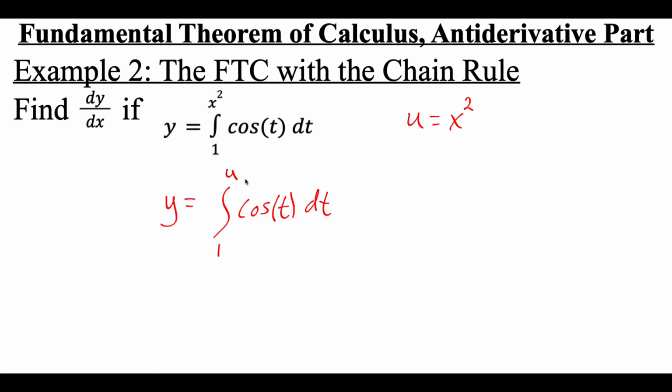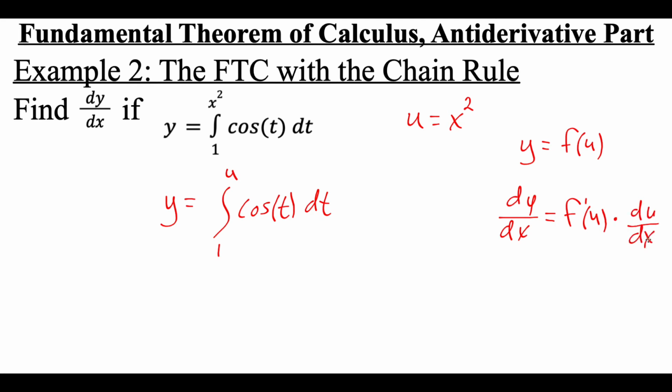So going back to when we learned about derivatives, if we had some function y being f of some composite u value, then as we do our dy dx, as we differentiate the right-hand side, we get f prime of u, but then we also had to attach the derivative of whatever that u function was.